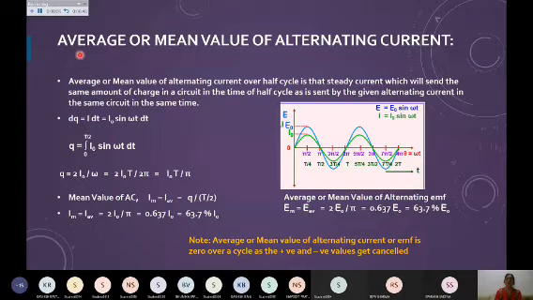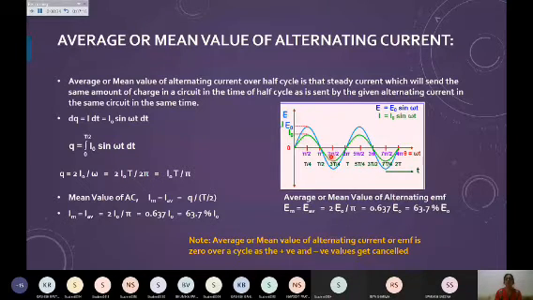You have to find the average or mean value of the alternating current. See, if I take one complete cycle, here I am getting the current positive, and for the next T by 2 time I am getting the current negative. So the average value of the current over the complete cycle, because one half is positive and the other is the same value negative, they will get cancelled.